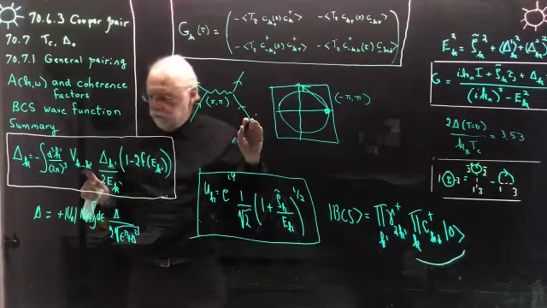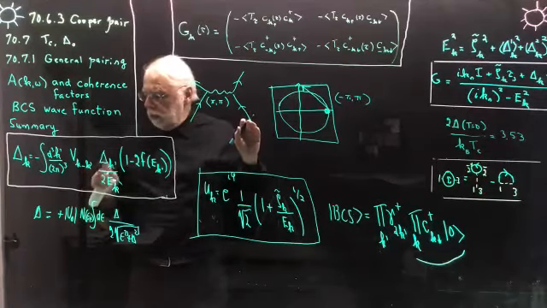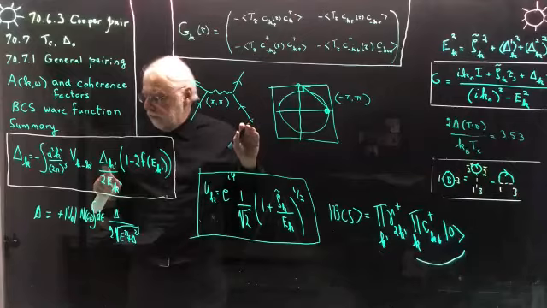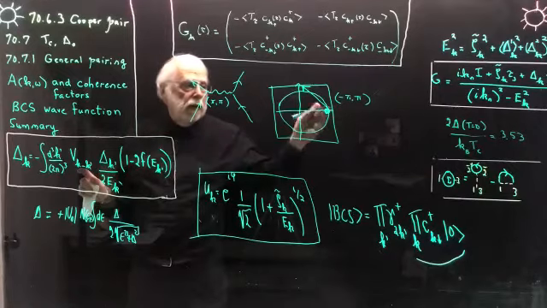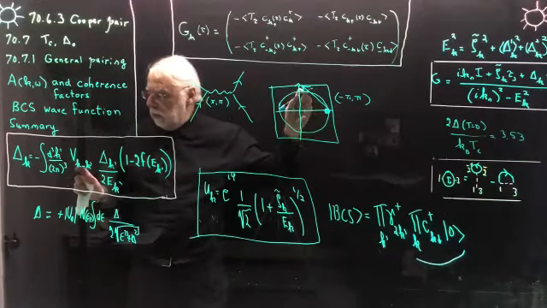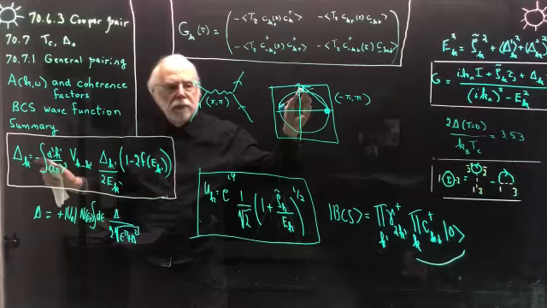And you see, if this delta k prime changes sign when this is large, then I'm okay. I get rid of this minus sign.